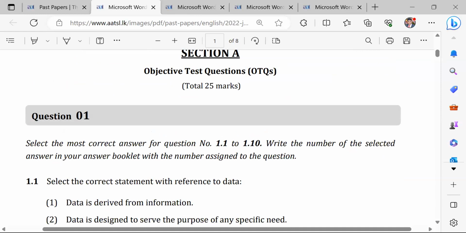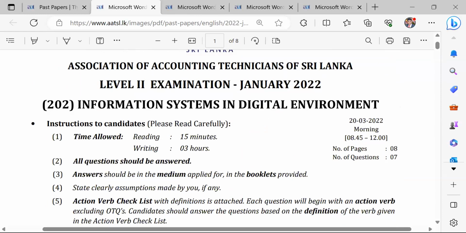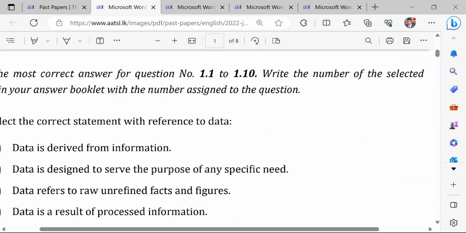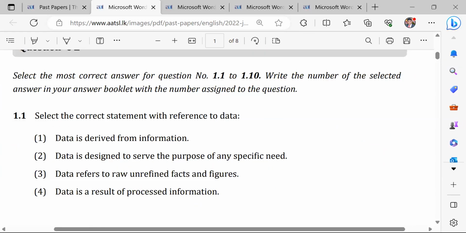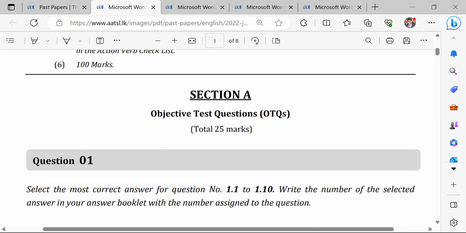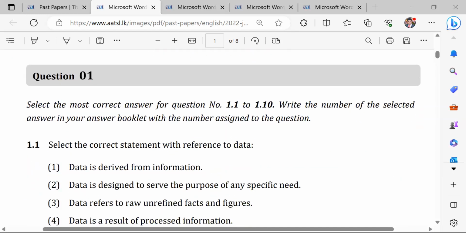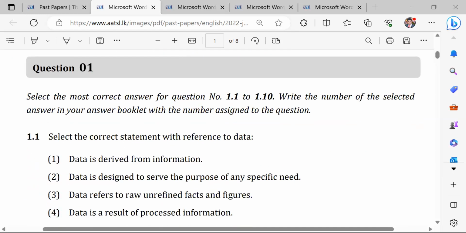Then we'll go with this question, the January 2022 paper, and explain the required theoretical things based on these questions. In the OTQ section: select the most correct answer for questions 1 to 10. Write the number of the selected answer in your answer booklet with the number assigned to the question. Then you have to write the number there.